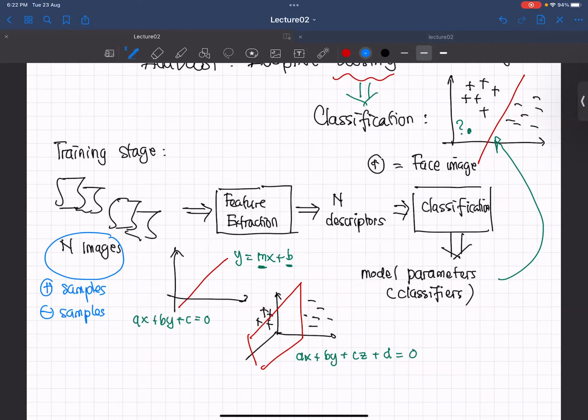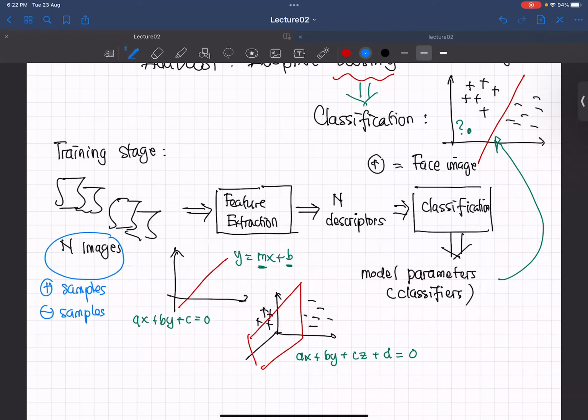Now, I drew here a two-dimensional space and a three-dimensional space to give you an example of how positive and negative occupy the space. But in reality, what is the dimensionality of the space that we are dealing with here?